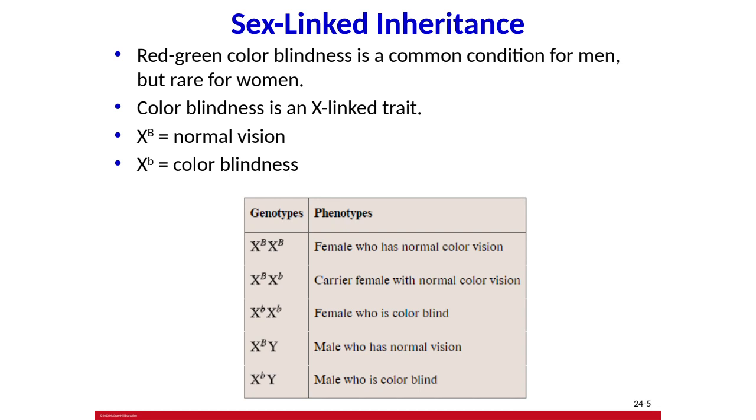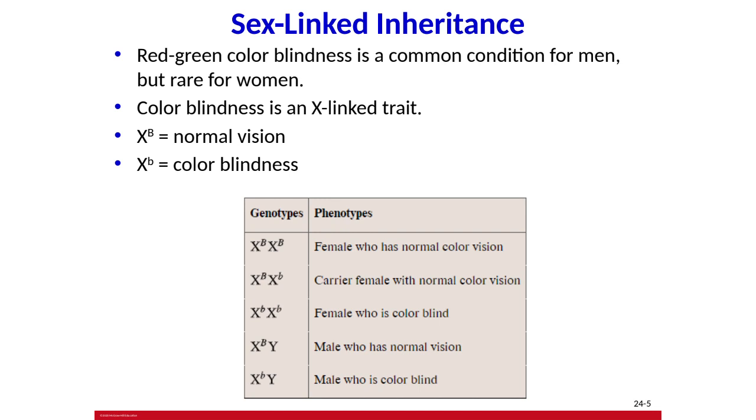If you have a female who's X big B, X small b, she's a carrier, but she herself has normal color vision. If you have X small b, X small b, then this would be a female who's colorblind and who obviously can pass the defective gene along to the next generation.